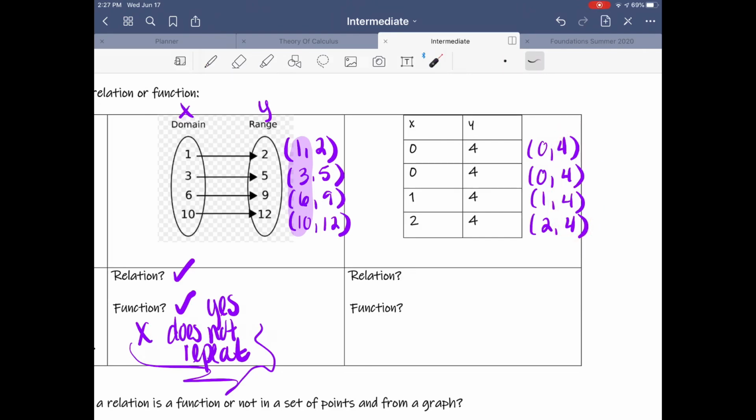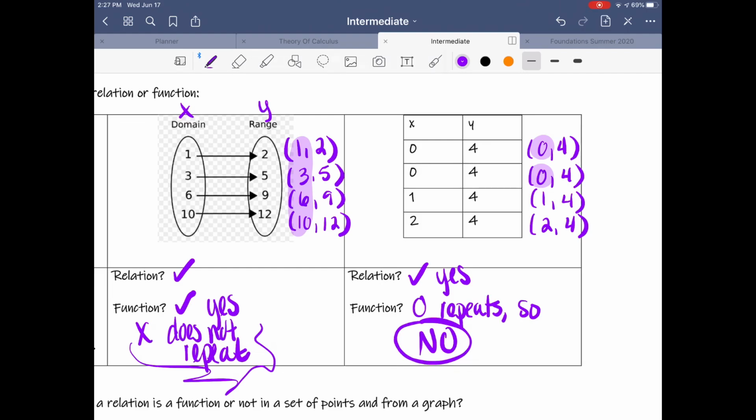What we're focusing on for a function is the x values. So is this a relation? Yes. Always. Is it a function? No, it is not. 0 repeats, so no. It is not a function.